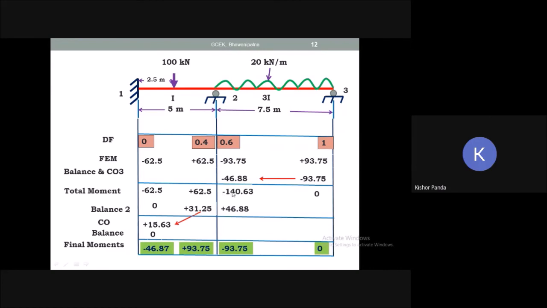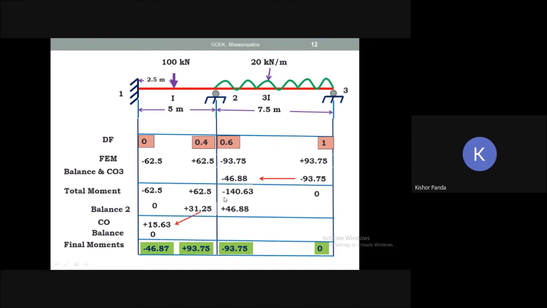This is minus 140.63, and here you have plus 93.75 and minus 93.75. After taking the sum of these two moments, you got 0. You know what the moment at the simply supported end is, that is 0. So after balancing joint 3, the total moment here is equal to 0.